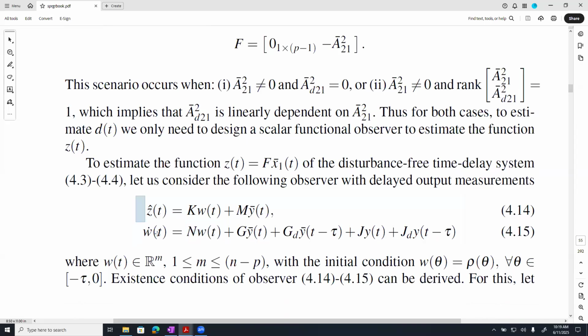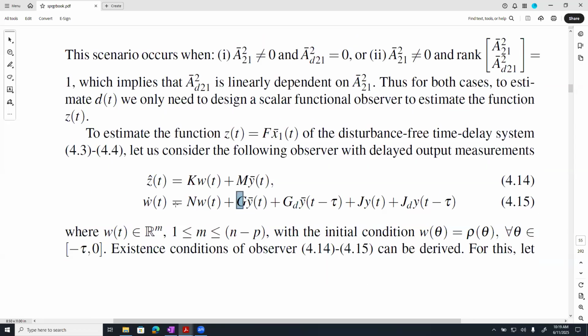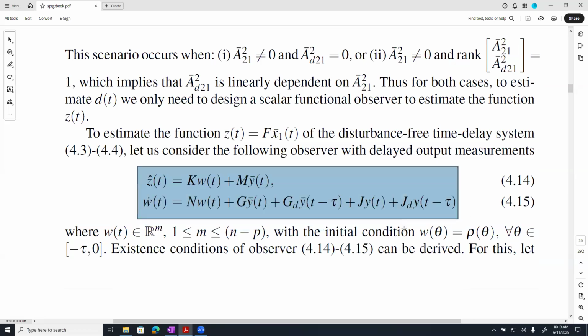So this structure is the seamless structure. When we investigate the error convergence of this observer, the error dynamic equation is in terms of the stability of this matrix, and this is called the observer without internal delay. Of course, there are matrices that we need to find, and in the literature there are methods available. And in fact, we also present all the existing results in chapter 10.